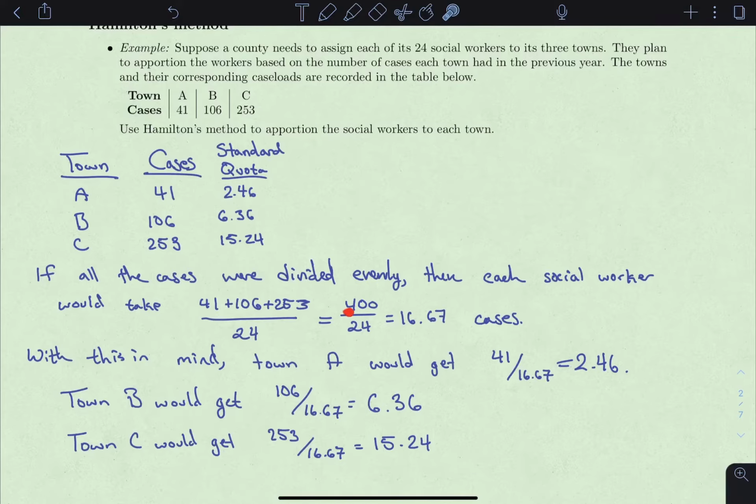And you can see that pretty well. 41 is about 1/10 of 400, and 2.46 is about 1/10 of 24, slightly more than 1/10 in each case, because it's proportional. So this is where you start with Hamilton's method, and then the next step is to find the lower quota.